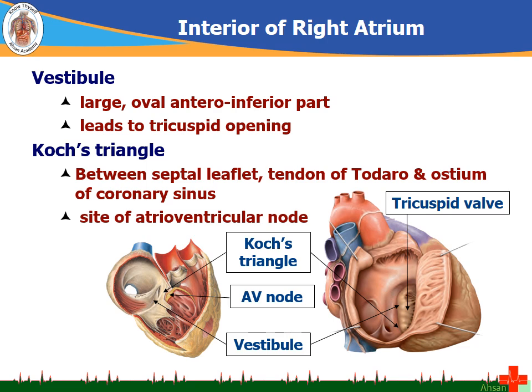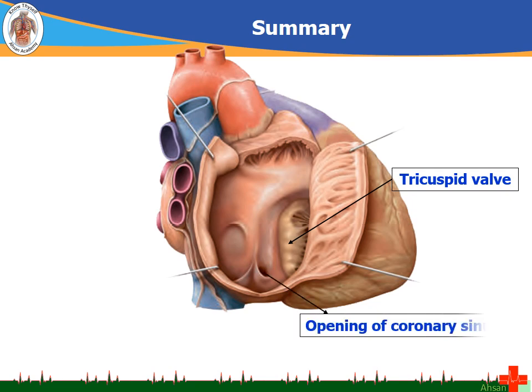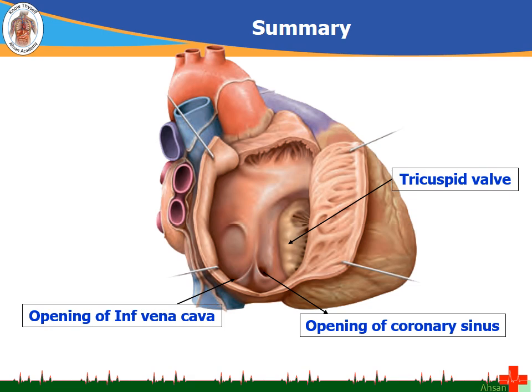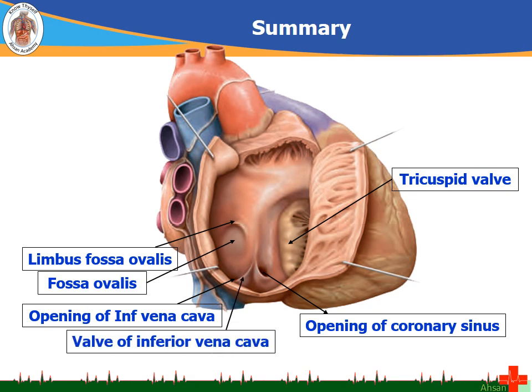Deep to the endocardium lies that node. You can see this is the tricuspid valve. This one is the opening of the coronary sinus. This is the opening of the inferior vena cava. This is the oval area, limbus fossa ovalis, the valve of the inferior vena cava, and this is the tendon of Todaro.